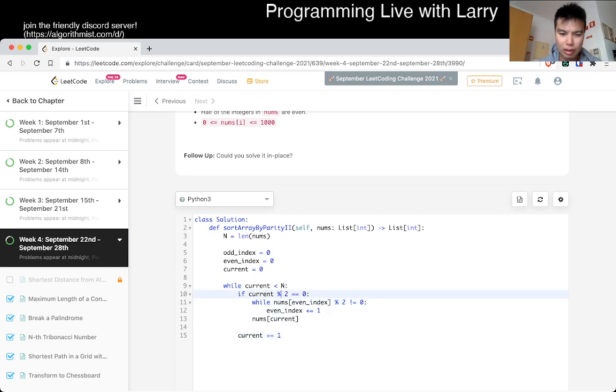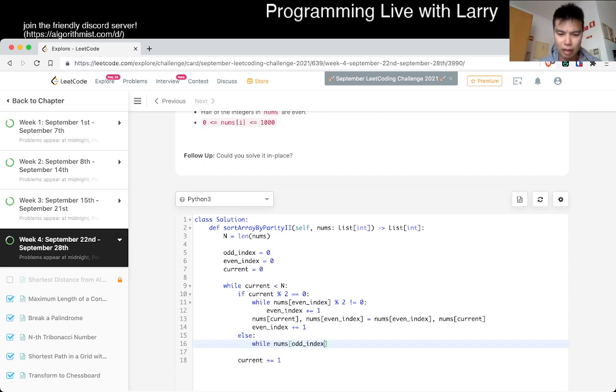So if the index is even, we look at the even index, we increment, okay, and then else we do the same with the odd number.